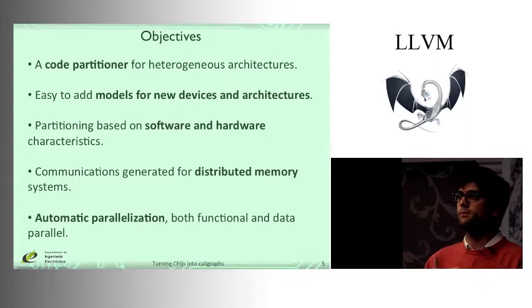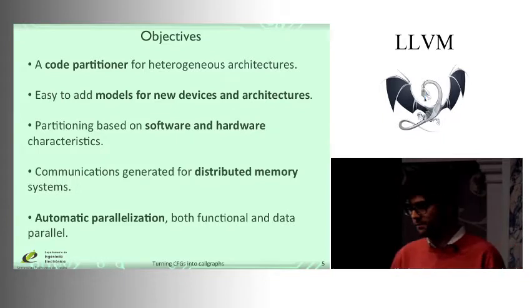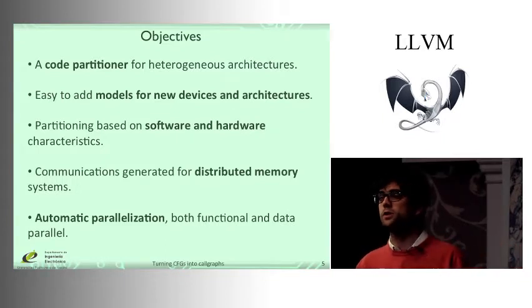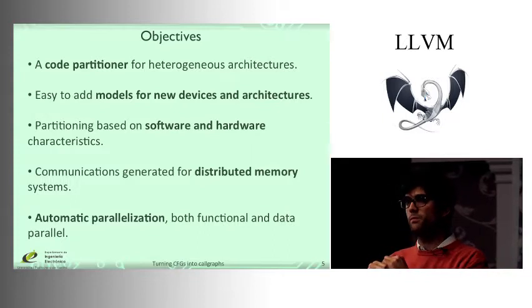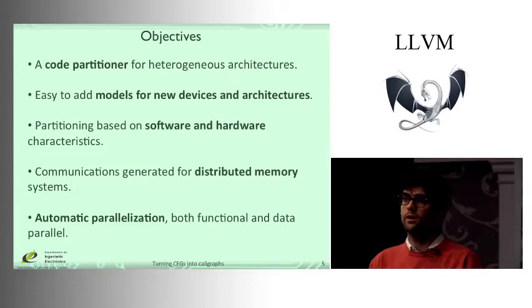If, for instance, it's a highly vectorizable loop, it's probably a good idea to offload it to the GPU. But if we have a very control intensive section, it's probably a good idea to keep it in the CPU. Actually, in our research group, we're working with FPGAs, which are very good at fine-grain level parallelism. So we have a wide range of accelerators that we can use each for a particular use, which, apart from being more powerful, are also more power efficient.